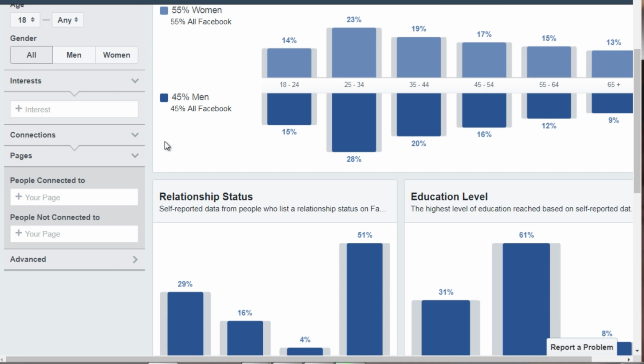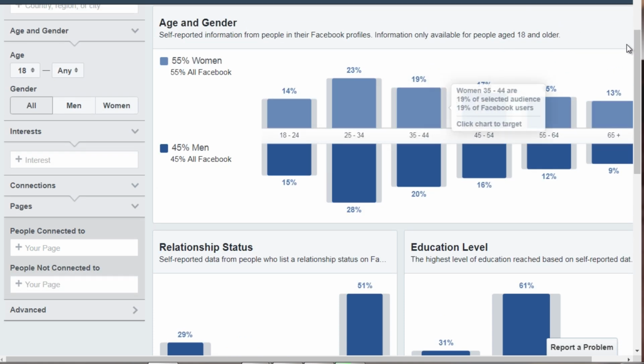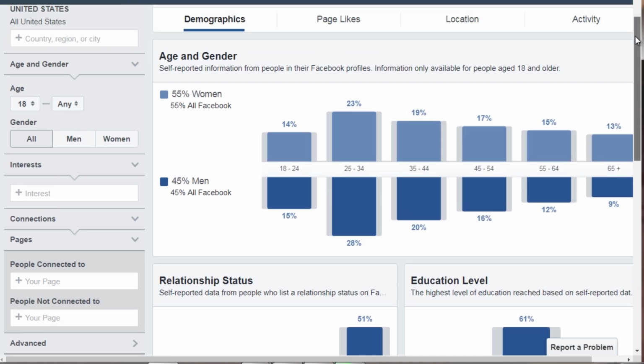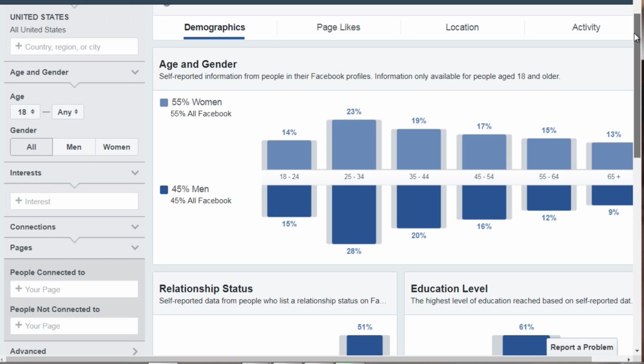And if you have a page, and let's say, for example, the page is highly populated or at least has a couple thousand people, you'll be able to figure out who exactly is inside that Facebook page in terms of demographics. Now, if you don't have a page, no big deal. I'm going to show you how to use a tool so that you can find the right information about the person that you're trying to target.